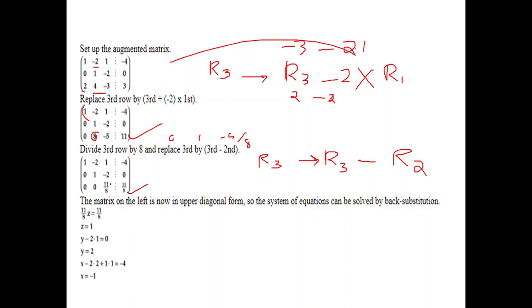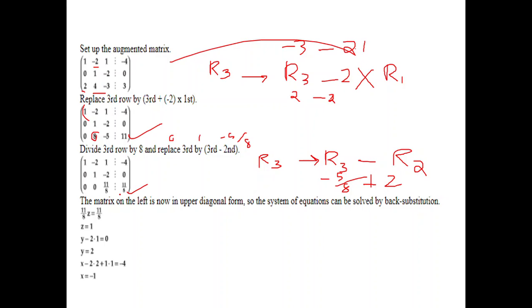Now for the next element, R3 is minus 5 by 8 minus R2, which is minus 2, that is plus 2. That is minus 5 plus 16 by 8, which is 11 by 8. And here also we will get 11 by 8.